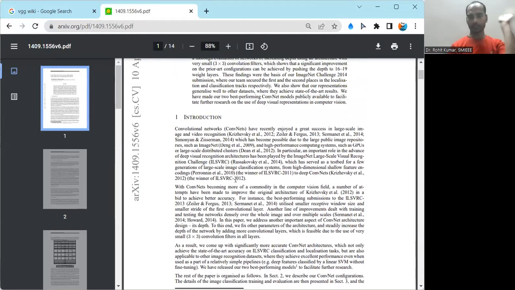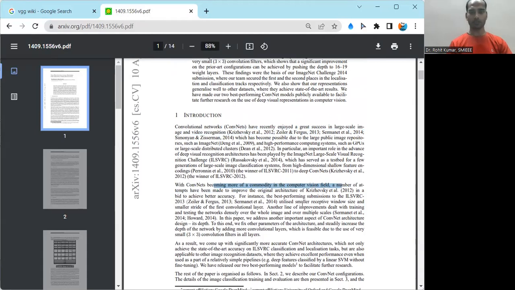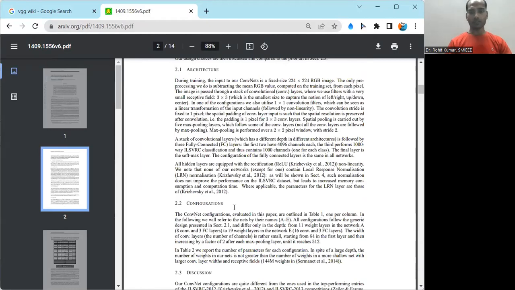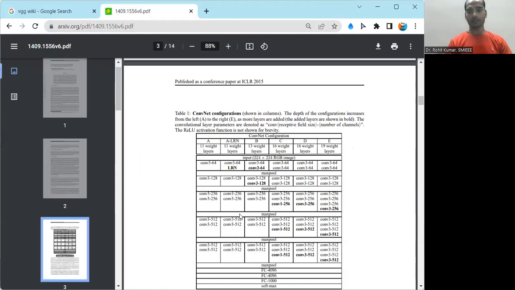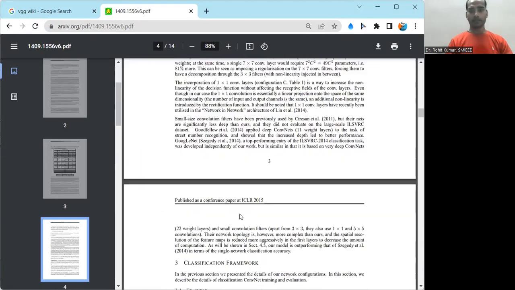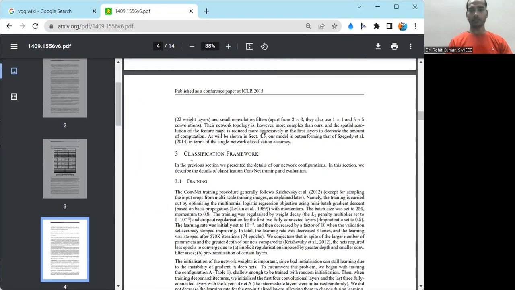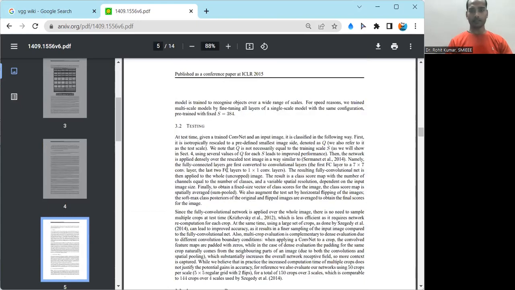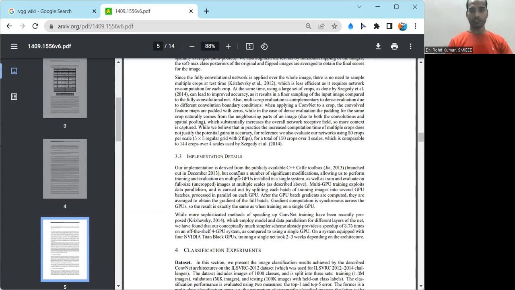So they are starting with the normal convolution networks, and then they are discussing its success and all the related things. Then they discuss how it is being used in the computer vision field. Coming down, they discuss the architecture configuration, and they have done the discussions based on the convolution configuration. Then down there, they have given the classification framework with respect to the training, testing, and the implementation details.